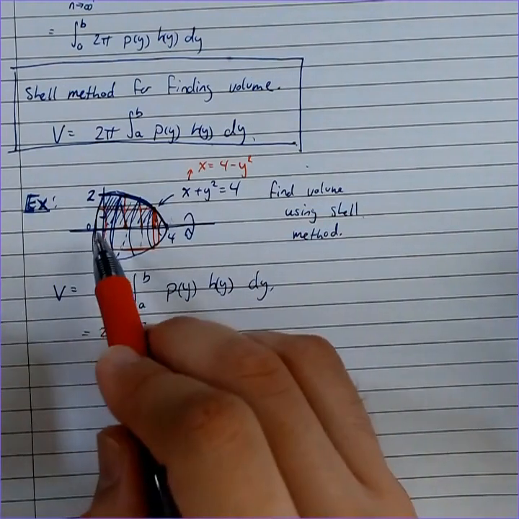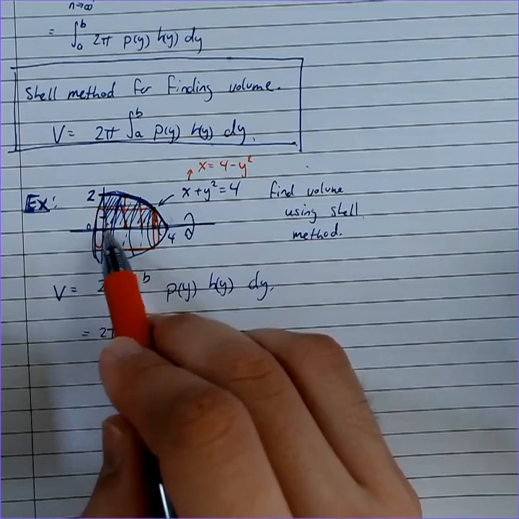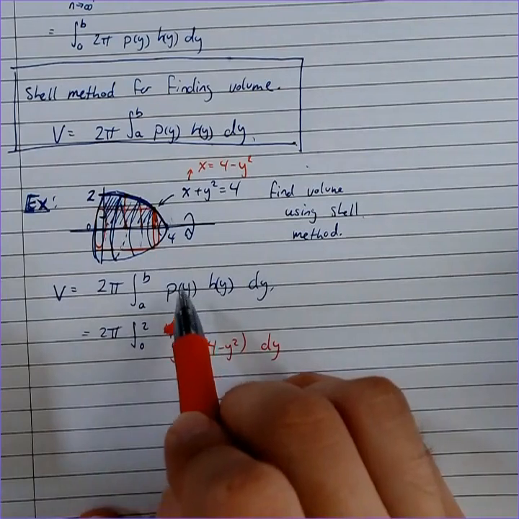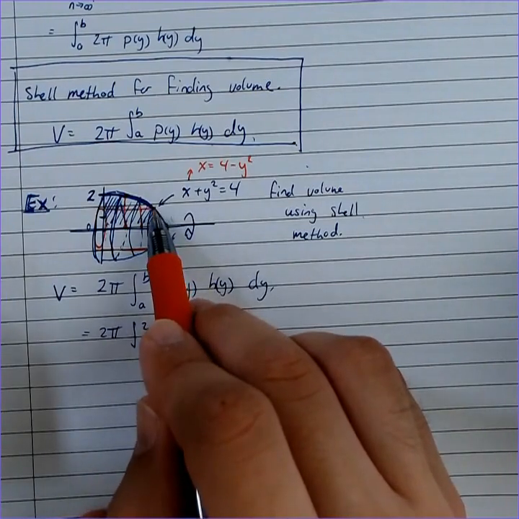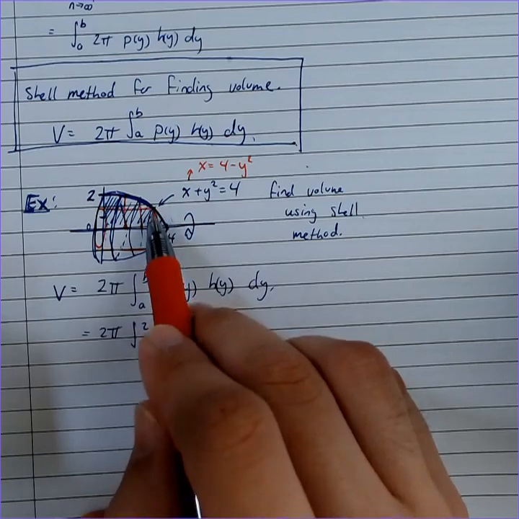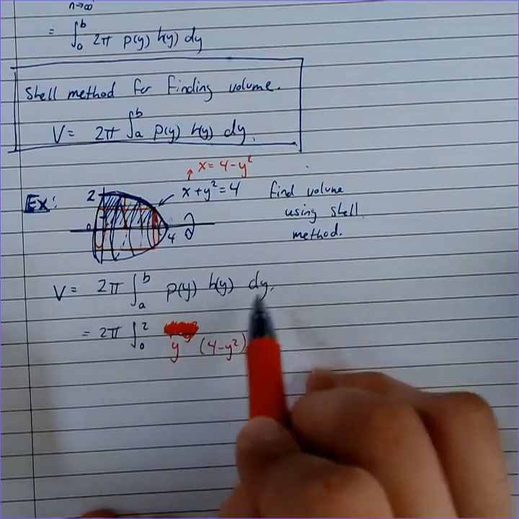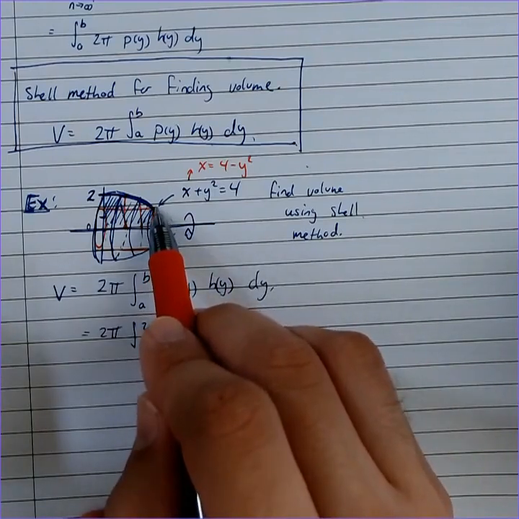These describe your boundaries of the original flat region, in this case from 0 up to 2, along the y variable. P of y tells you, okay, from your axis of rotation to the edge of your shell, along the base of the shell. Oh, well that's, using the y variable, I want to know how do I describe going straight up a certain amount.